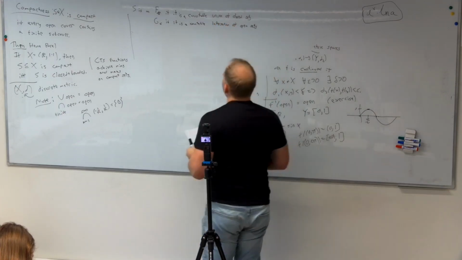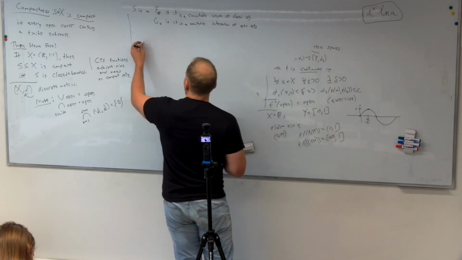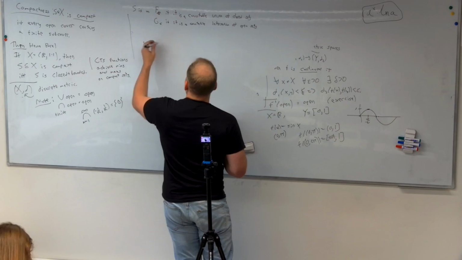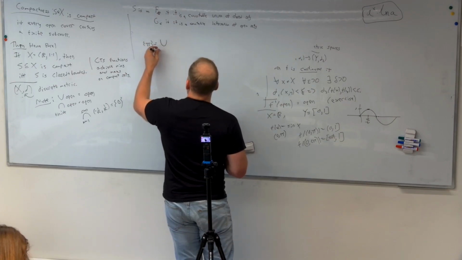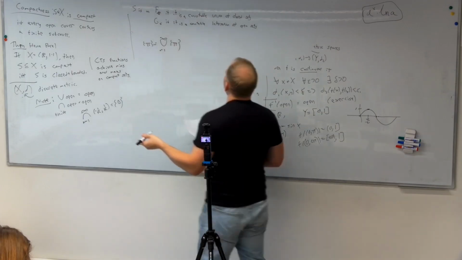Some of these are completely trivial. For example, the singleton pi is the union from n equals 1 to infinity of the singleton pi, right? So it's both closed and an F sigma.